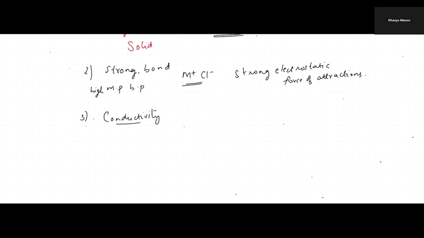Now the third and very important property is conductivity. They are poor conductors when they are in the solid state. In sodium chloride and other ionic compounds, the oppositely charged ions are held by strong forces of attraction, so there are no free ions.